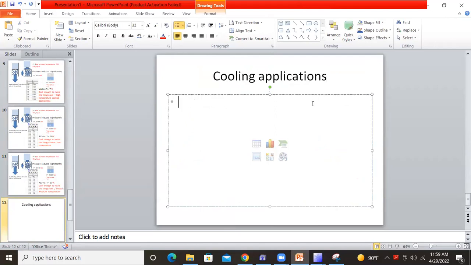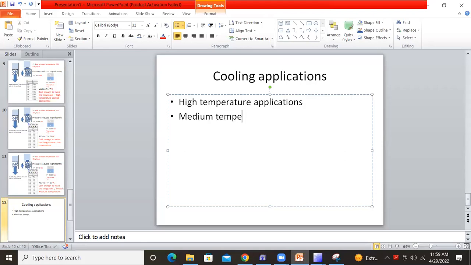So there are high temperature applications, also medium temperature applications, and low temperature applications.